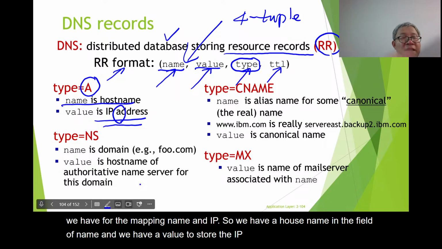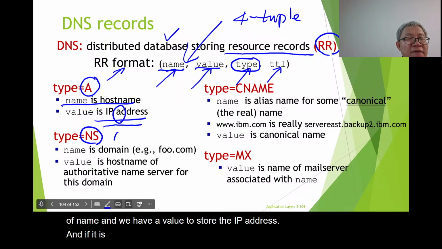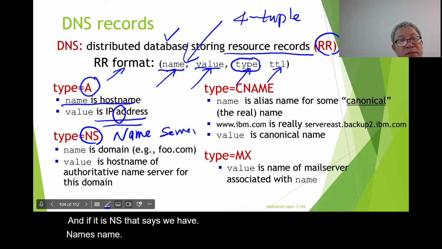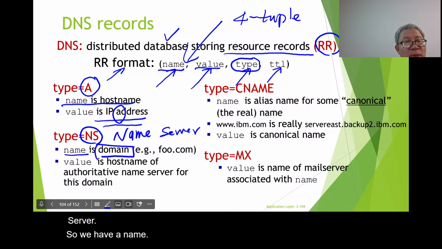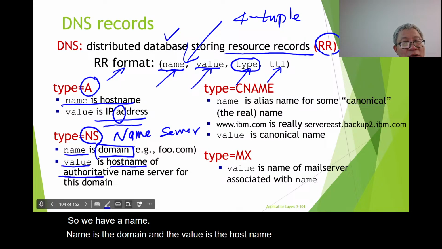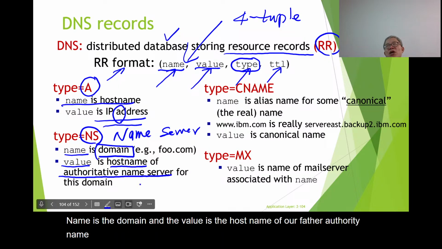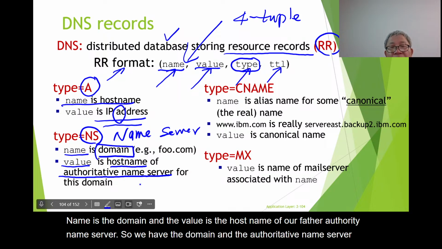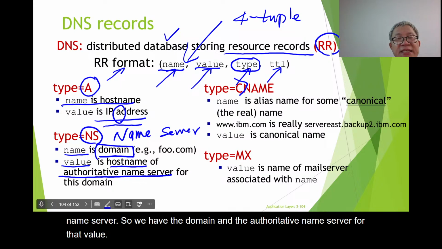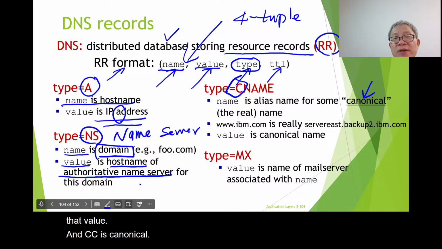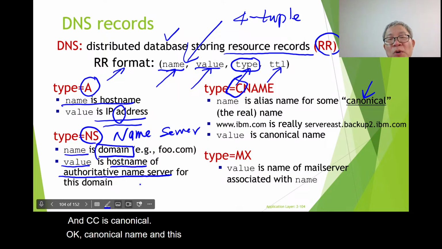And if it is NS, that says name server. Name is the domain, and the value is the host name of the authoritative name server. So we have the domain and the authoritative name server for it. And CNAME is canonical name, the real, formal name.